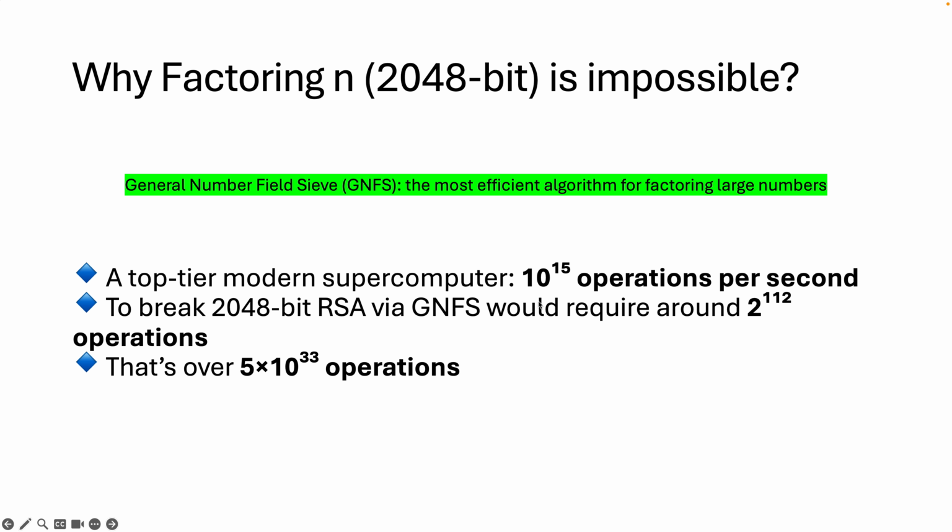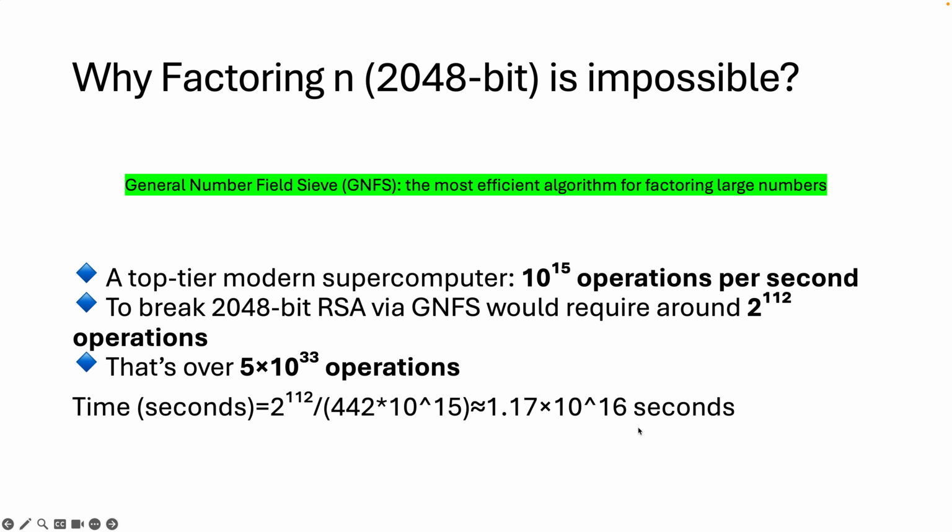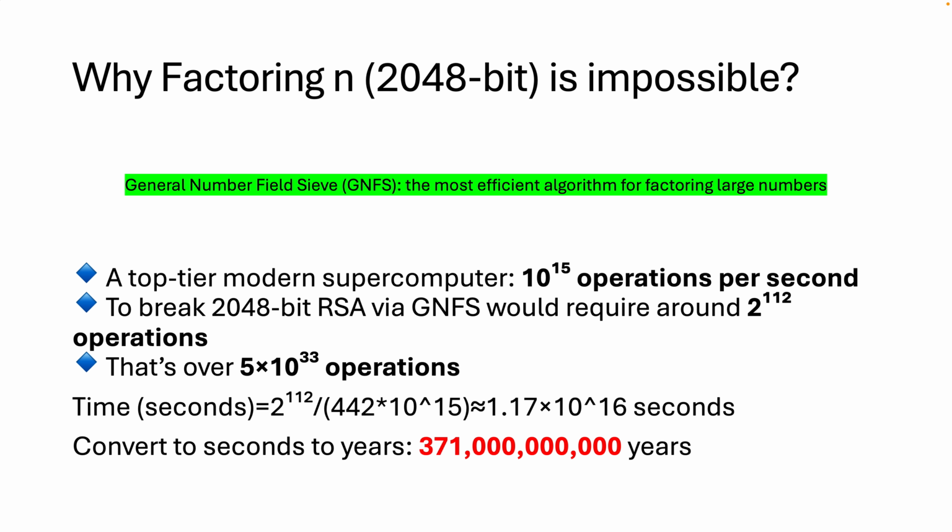To factor a 2048-bit RSA key, we need 5 times 10 to the power of 33 operations. Let's say a hacker has both the best supercomputer and the best algorithm, he still needs 10 to the power of 16 seconds, which is 371 billion years to solve. Say no more. You can see how difficult it is. It is impossible.